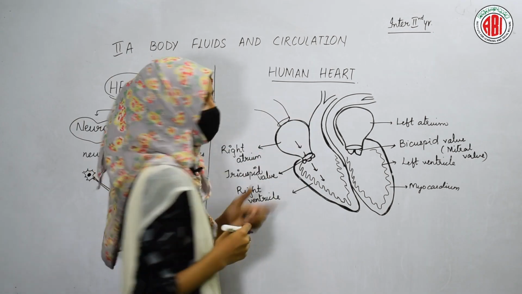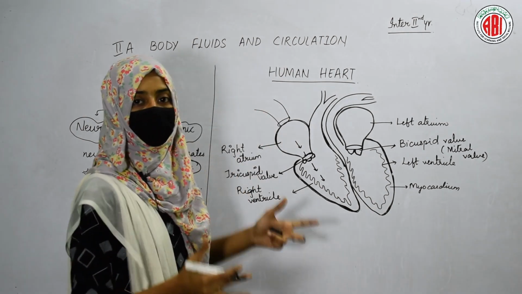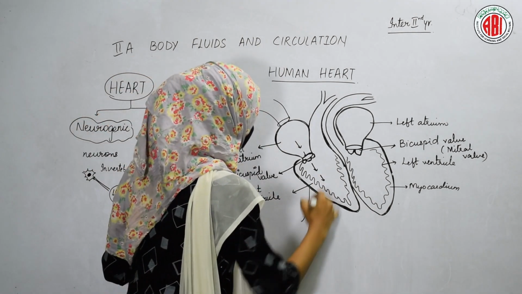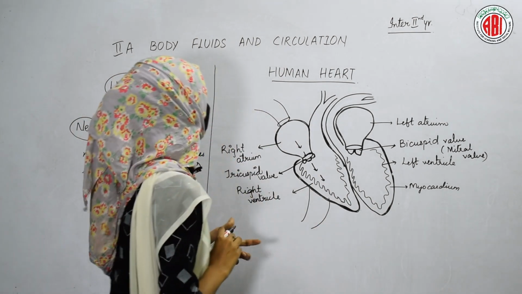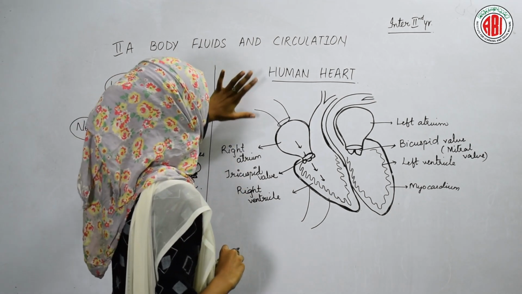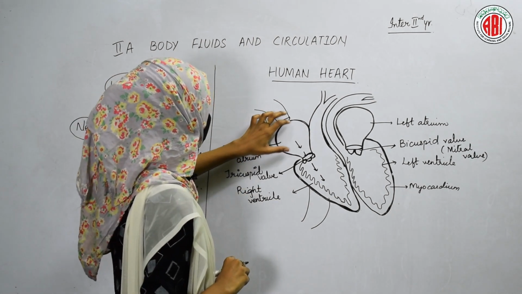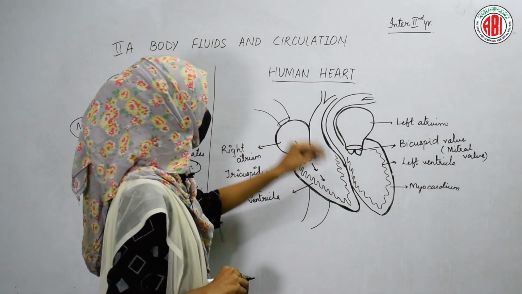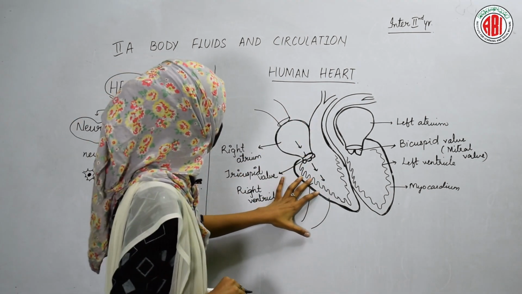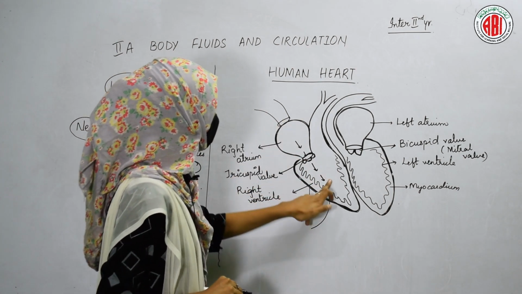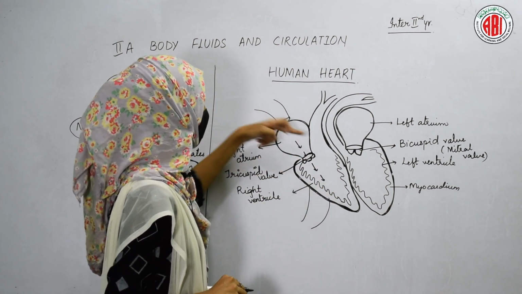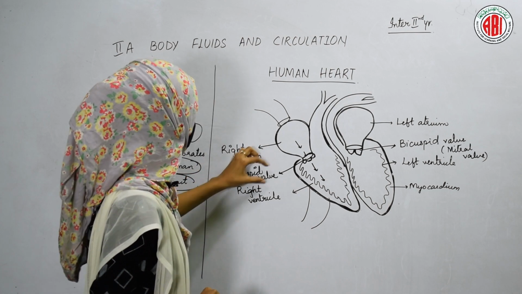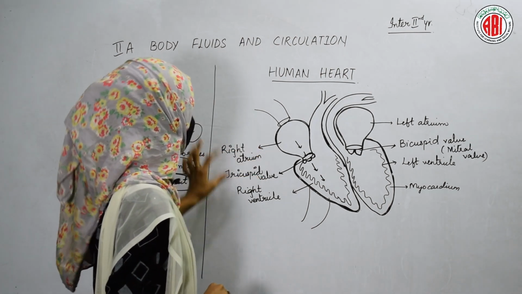Deoxygenated blood is collected from the different parts of our body through different blood vessels, right? And then the deoxygenated blood, on the contraction of the atrium, is transferred into the right ventricle. Once the blood reaches the right ventricle, it cannot flow back because of the presence of the tricuspid valve.